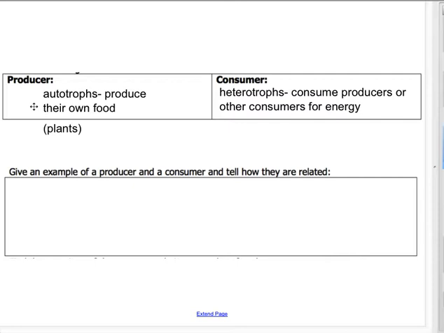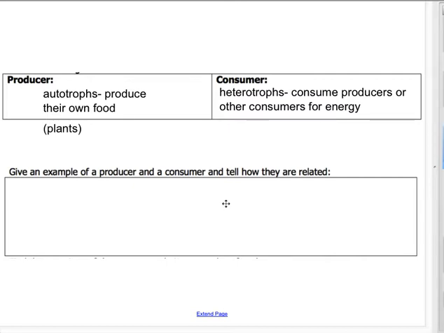The green plants that photosynthesize and make glucose, which then consumers help themselves to. Consumers are heterotrophs, and heterotrophs consume producers or other consumers to get their energy, right? So we, for example, are consumers. We eat plants, and some of us also eat animals to get the energy that we want.